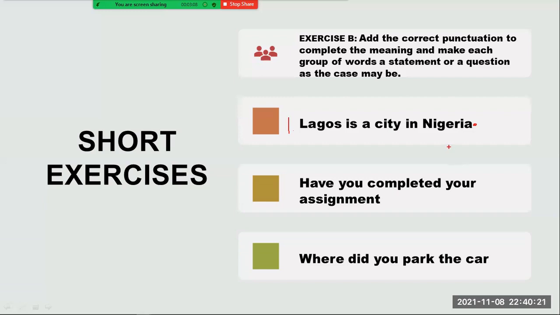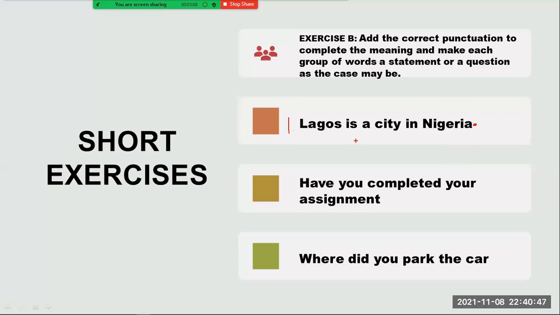Now, we have different types of sentences in English, and different types of sentences can be classified according to the structure or according to the function. When we classify sentences according to function, some sentences are called declarative.